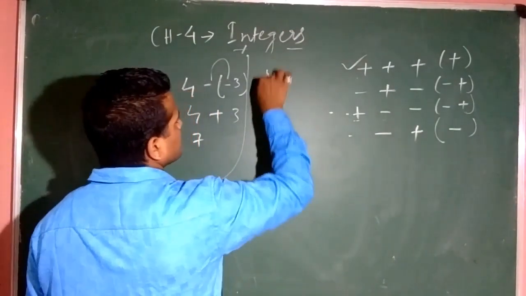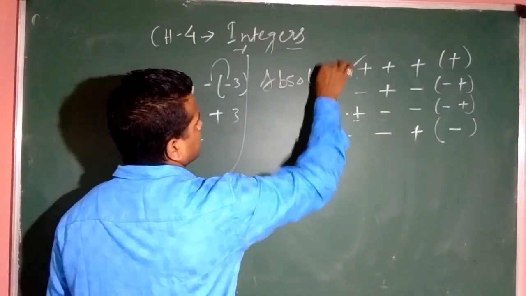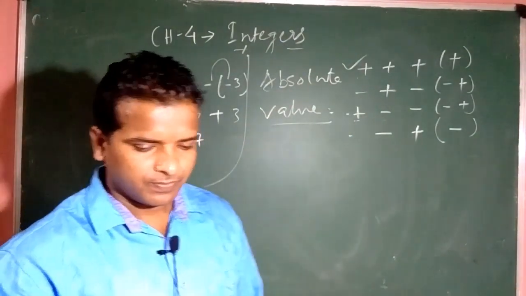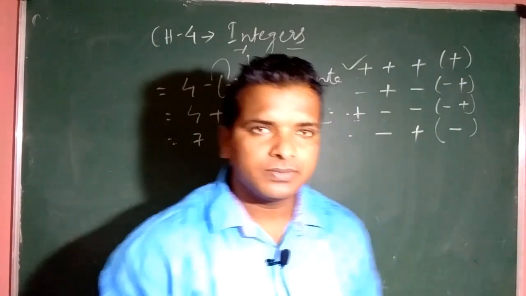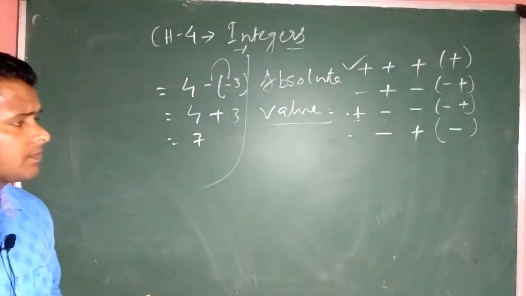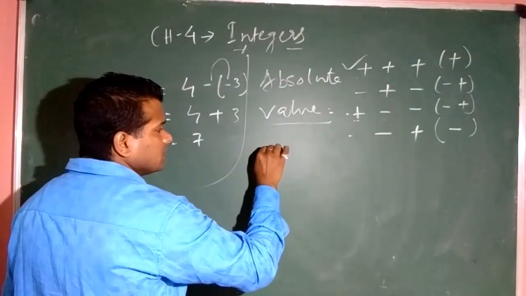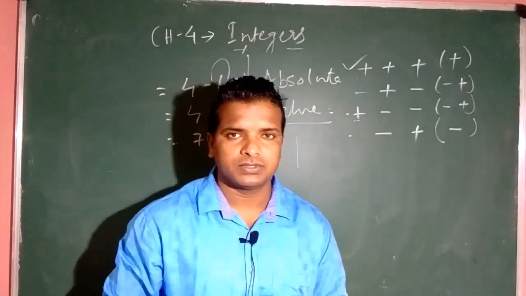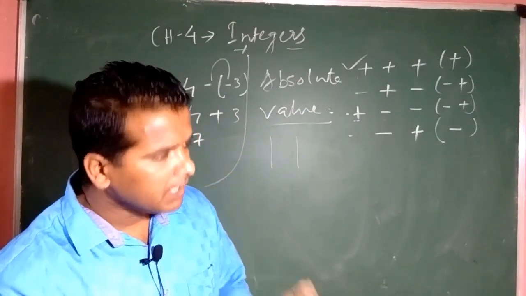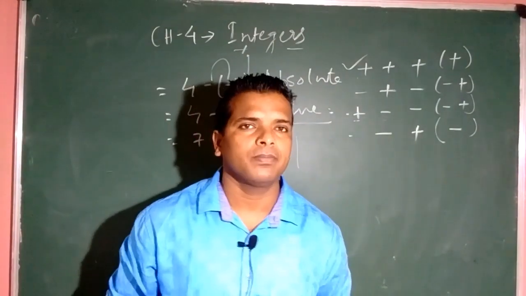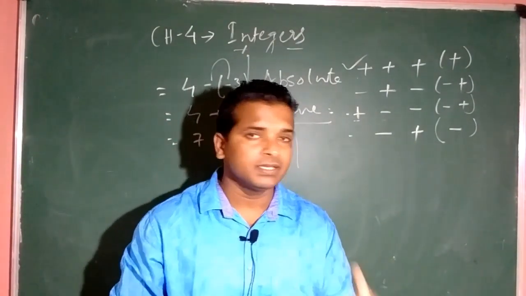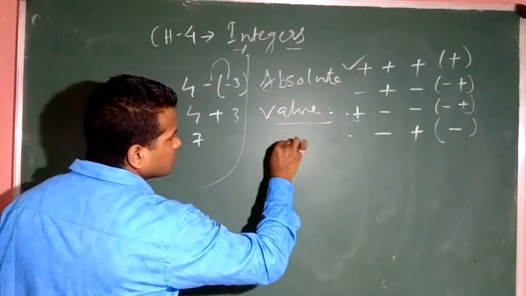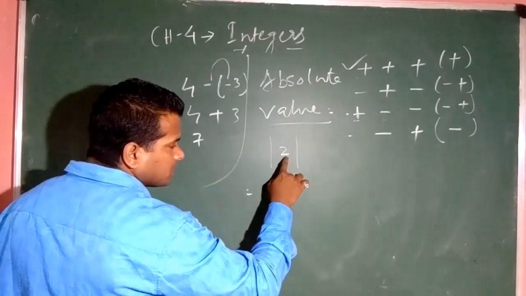Let us start absolute value. What is absolute value? This sign we use for absolute. Absolute means any integer in its positive form. For example, this is 2. What is the absolute value of 2?